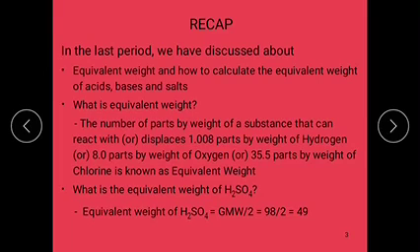We have learned how to calculate the equivalent weights, and also we discussed the salts, bases, etc.